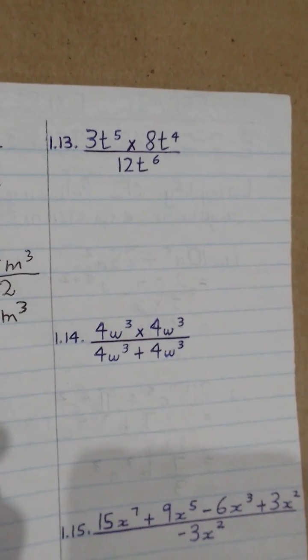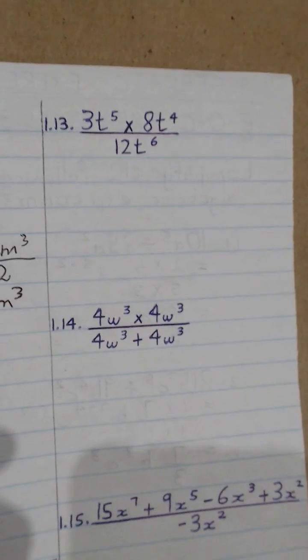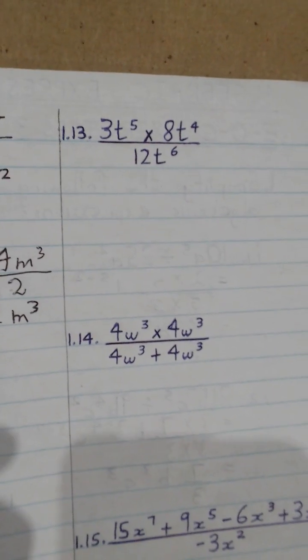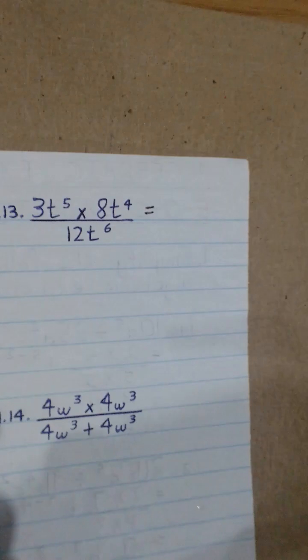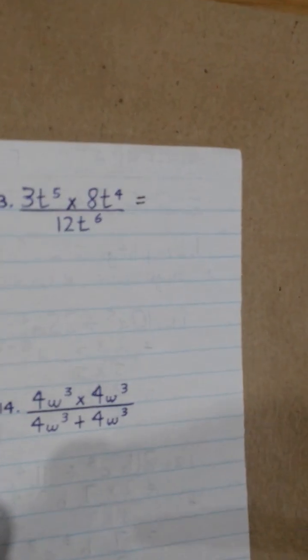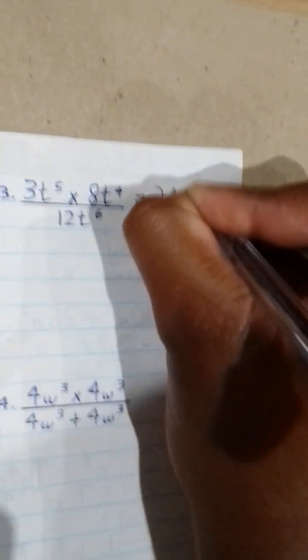1.13, 3t to the power of 5 times 8t to the power of 4, all over 12t to the power of 6. 3 times 8 is 24t. So we're multiplying, so we add the exponents.